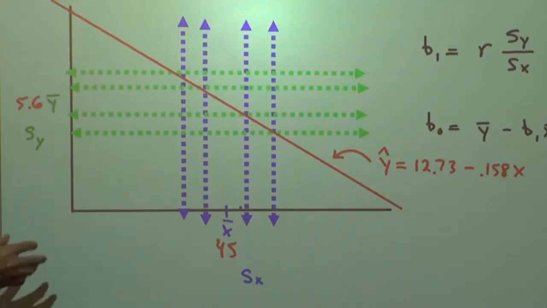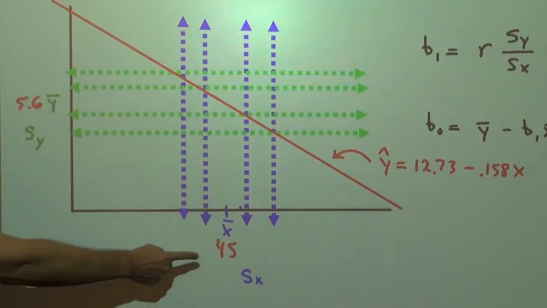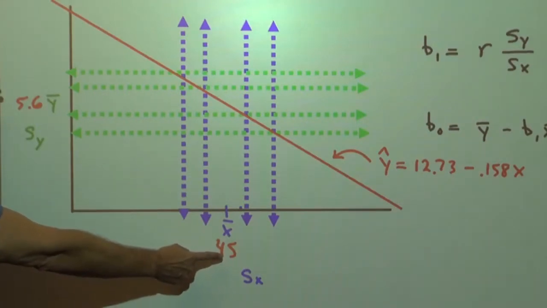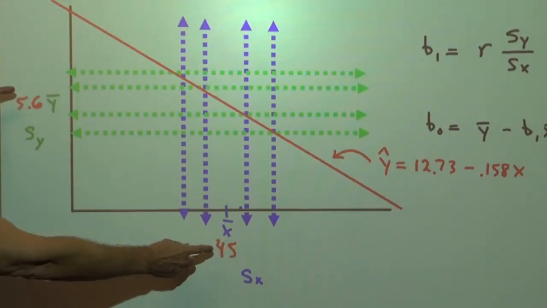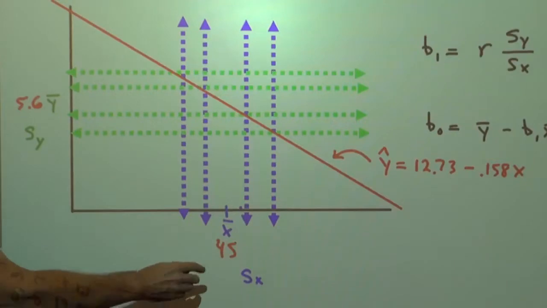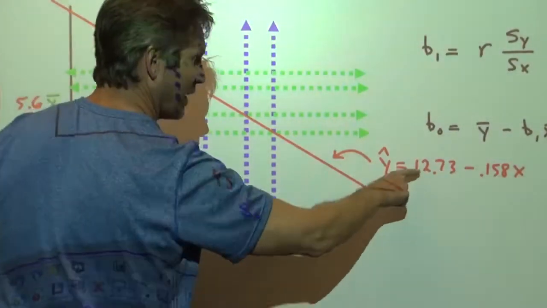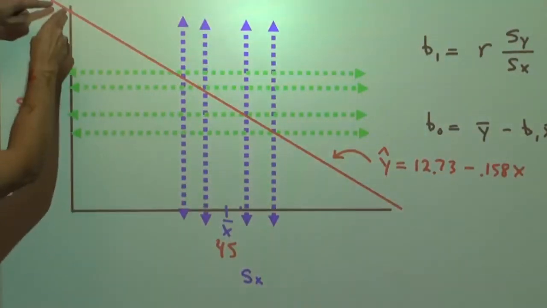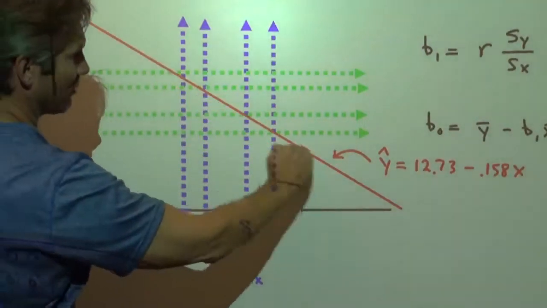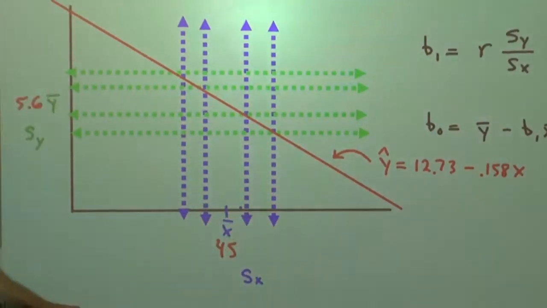So if we think about that then, how does this look on the graph? Well, our average dosage was 45. Our average pain level was 5.6 with the standard deviations that we had. The line of best fit that we just got has a y-intercept of 12. It comes down to the slope of negative 0.158.